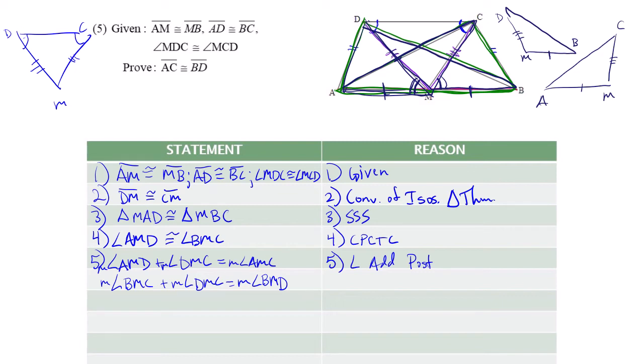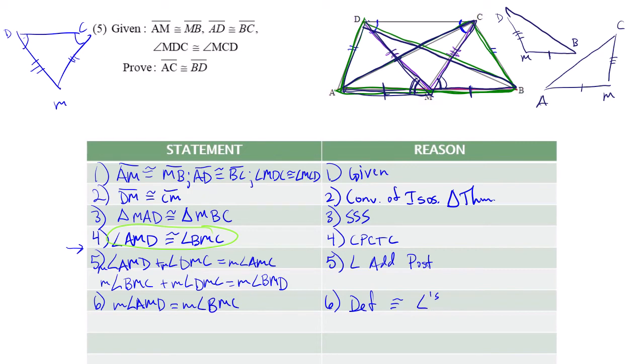All right, and we just proved that AMD is congruent to BMC, right? So let me change those into measures real quick. The measure of angle AMD is equal to the measure of angle BMC by definition of congruent angles, right?